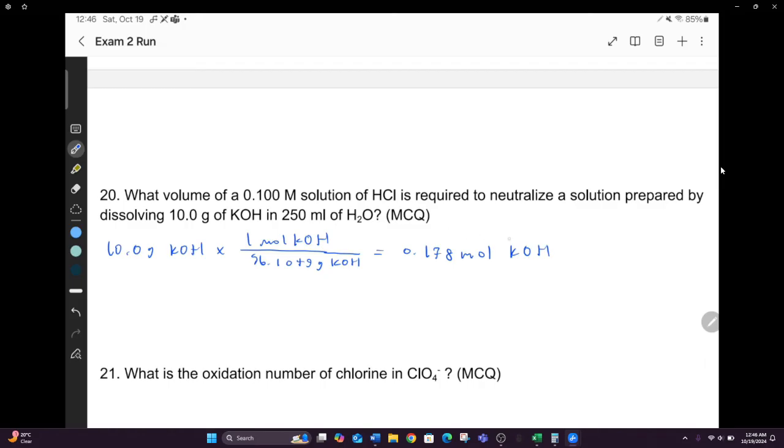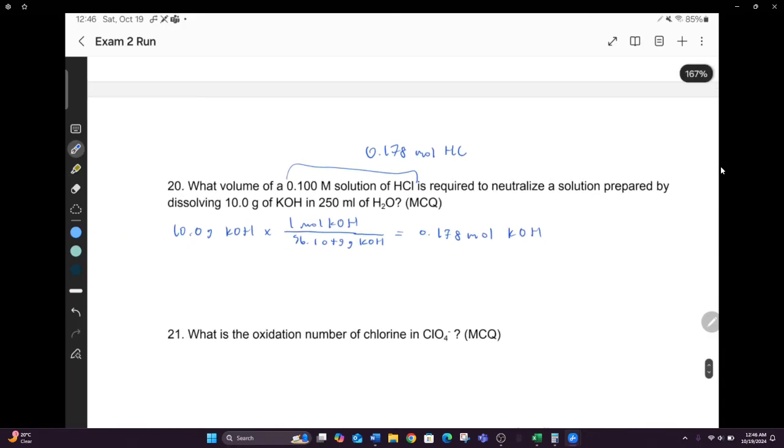What we're saying here is we need to find the volume of this that will be 0.178 moles of HCl. Our goal is to react 0.178 moles of HCl with 0.178 moles of KOH.